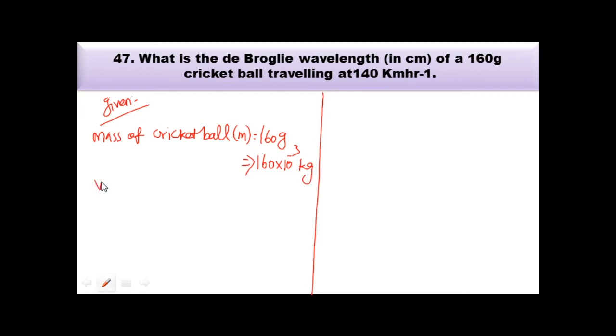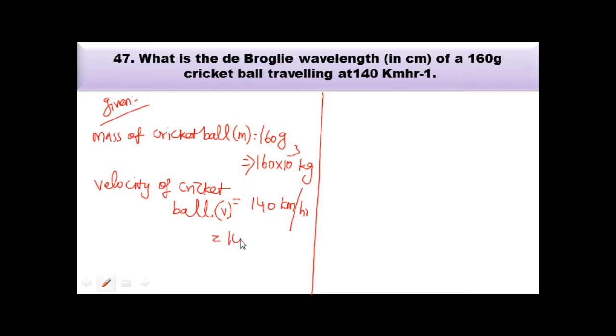And the next one is velocity of the cricket ball. V equal to 140 kilometer per hour. So kilometer is converted into meter and hour converted into seconds.